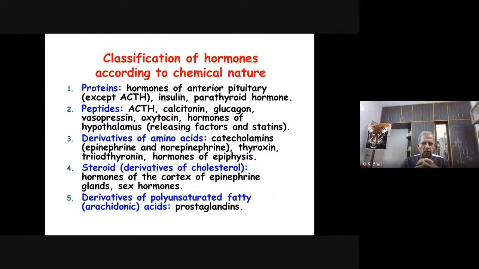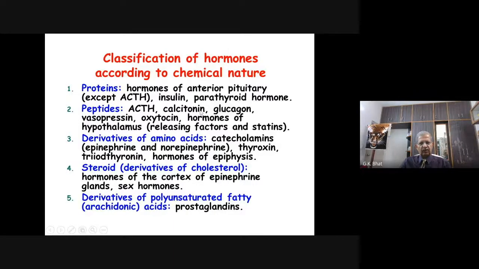So, classification of hormones according to chemical nature: protein hormones are the hormones of the anterior pituitary, except ACTH. Except ACTH, that you have to remember. Insulin and parathyroid hormone, all these are protein hormones. ACTH is a peptide hormone. Of course, if you say it in general, peptide is a part of protein.